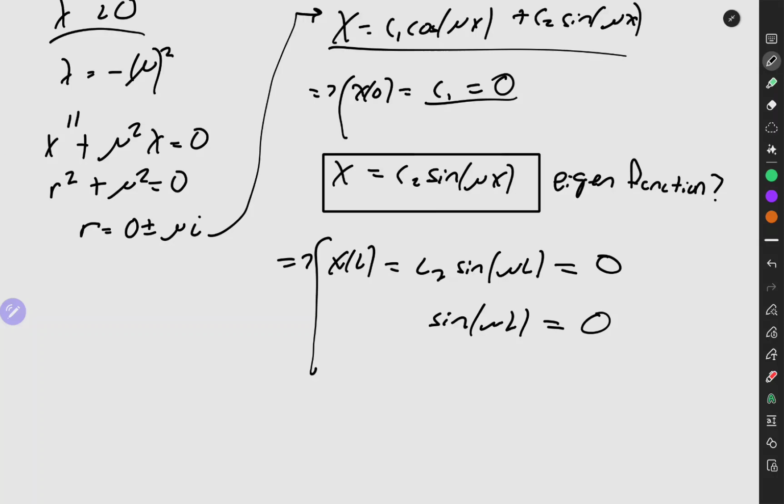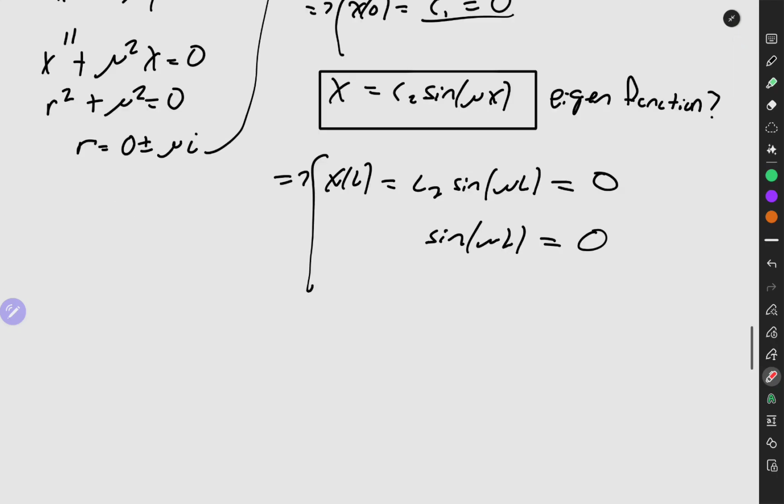So we need to figure out what this is, because we want this to equal 0. The boundary condition is equal to 0, so we want to make this part of it 0.